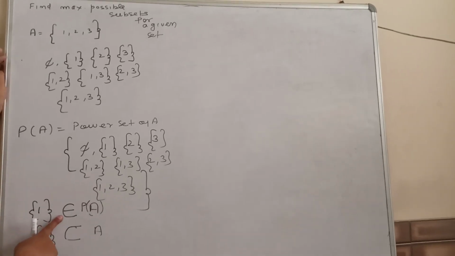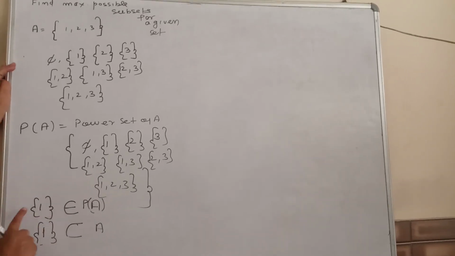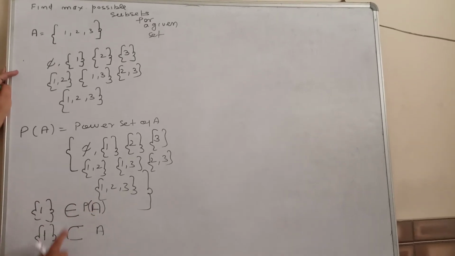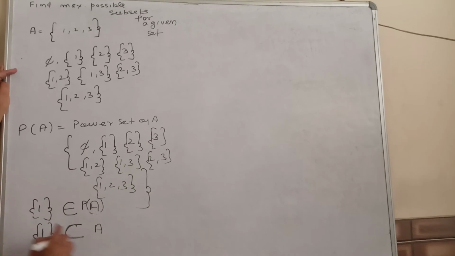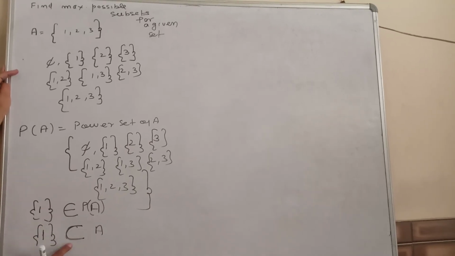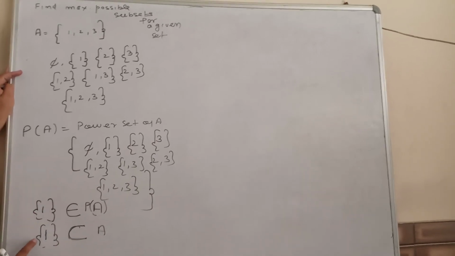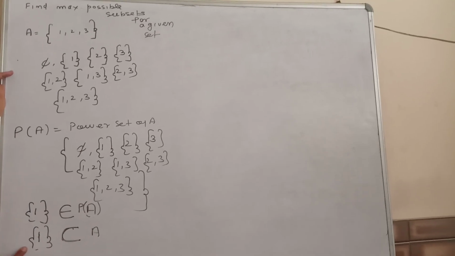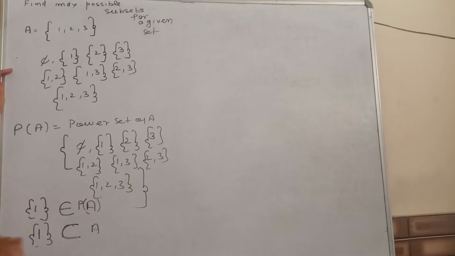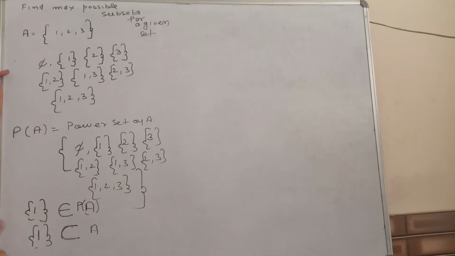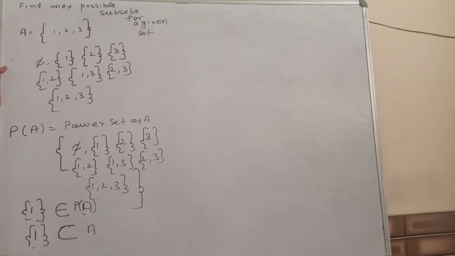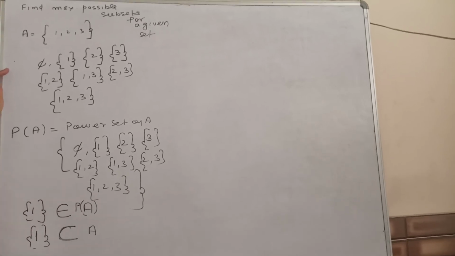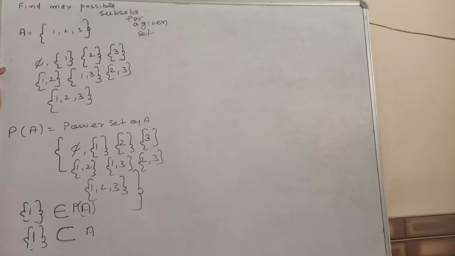This is the member and this is a set. But this simple subset sign clarifies the relation between two sets. This is also a set, and this is also a set. When there is a relation between two sets, then the sign of subset comes out. And when there is a relation between a member and a set, then the sign of belongs to comes out.